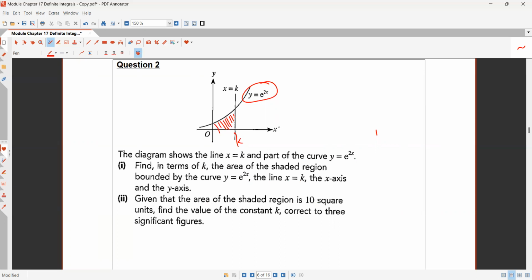So same thing as number 1. What you need to do is the area will be equal to integration. So what should I put here? 0 to k. And after that, what is the function? e to the power of 2x. Okay, and then dx. Integration of e to the power of 2x, what is the integration?